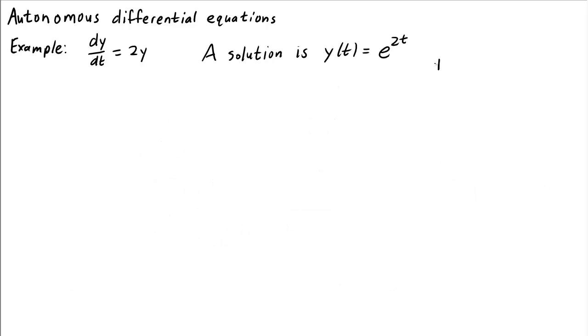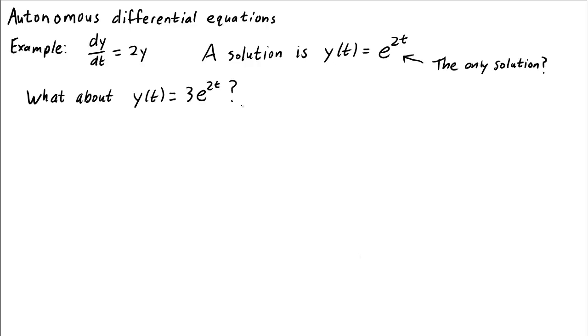We found a solution okay, but is y of t equals e to the 2t the only solution? What if we multiplied y by 3? We know that if we multiply a function by a constant number, that number just comes out of the derivative. Let's see if the function y of t equals 3 e to the 2t also works.